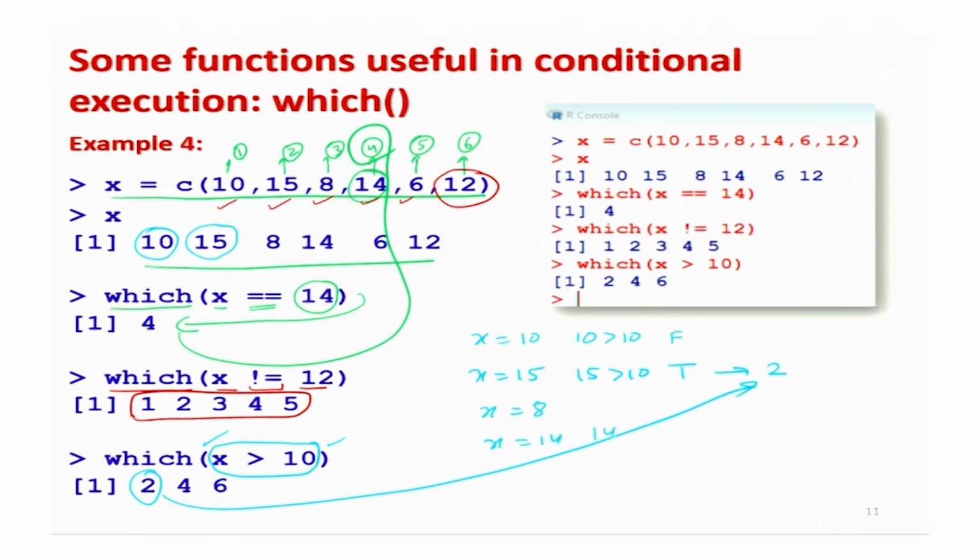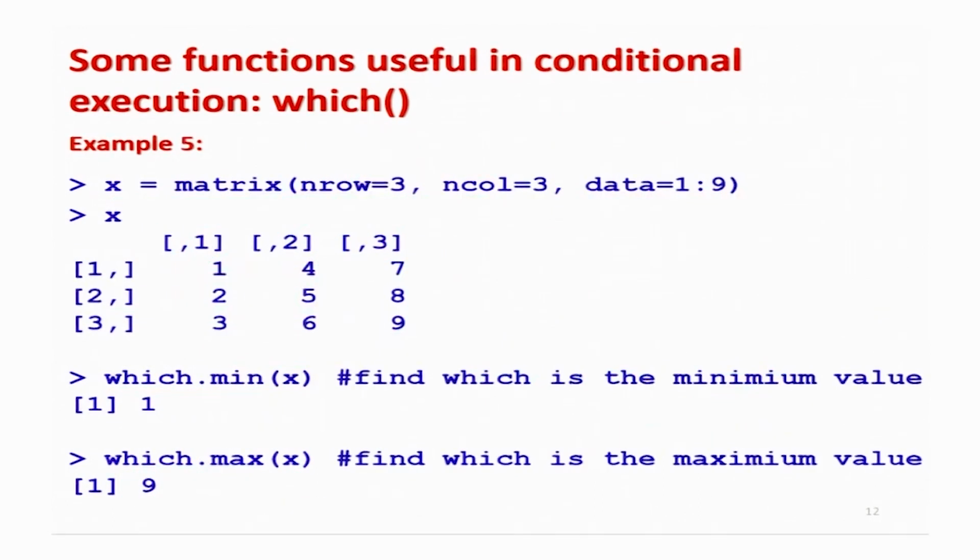At 14 the answer is true, and 14 is at position number 4, you can see here, right. Similarly, it will search all the numbers, and you can see here there are 3 numbers which are more than 10: 15, 14 and 12. So, it will give you their locations 2, 4 and 6.